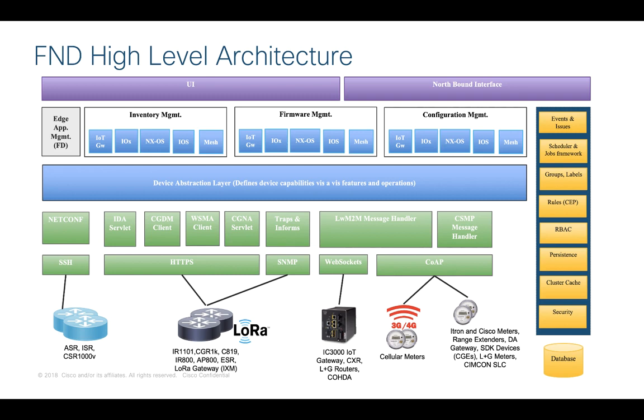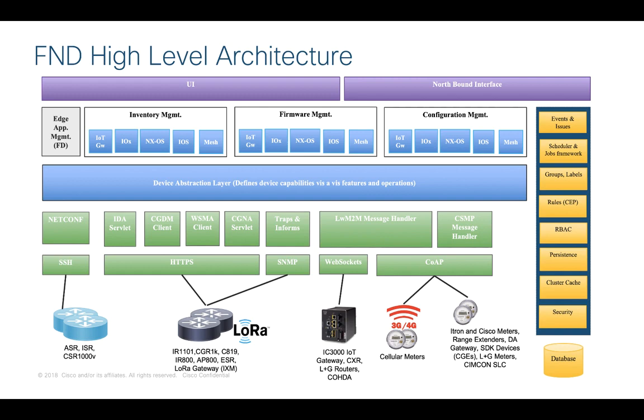The inventory management, firmware management, and configuration management are all common to all the distributions, and so are the features and functions that are shown on the right hand side in orange. Data is persisted in the database, whether it's Oracle, Postgres, or a combination of the Oracle with influx or Postgres with influx.